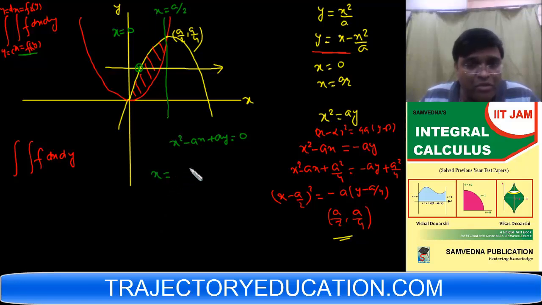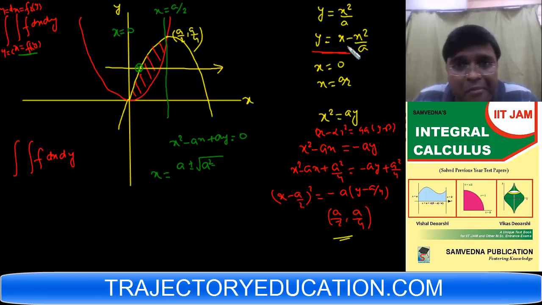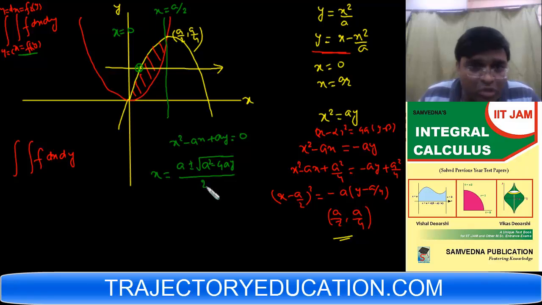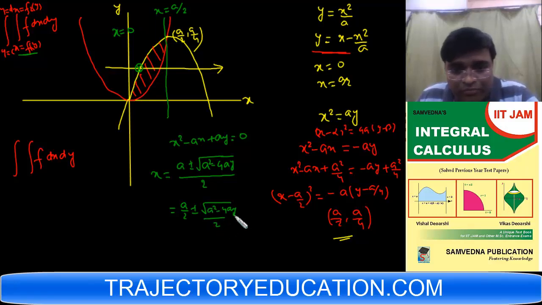And if I want to write in this format, I'll get x equals a plus minus square root of a square minus 4ay, upon 2. So what I get is a by 2 plus minus square root of a square minus 4ay, upon 2. Alright, so I get two values.